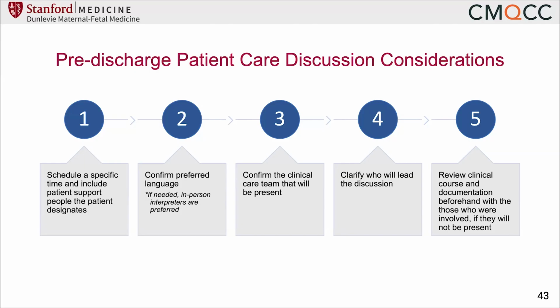So if we've got a team member, for example anesthesia, who is not able to be involved because maybe they are tied up in an emergent case, we want to make sure that we've reviewed that clinical course and brought any pearls from that team member back to the patient care discussion. Next slide.